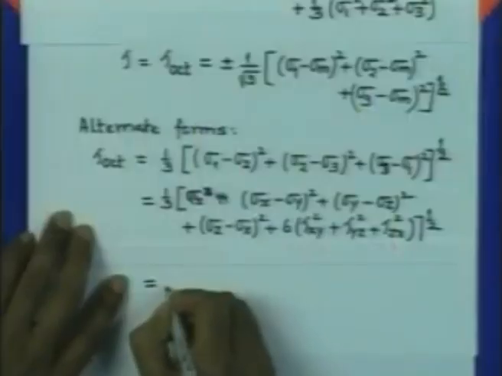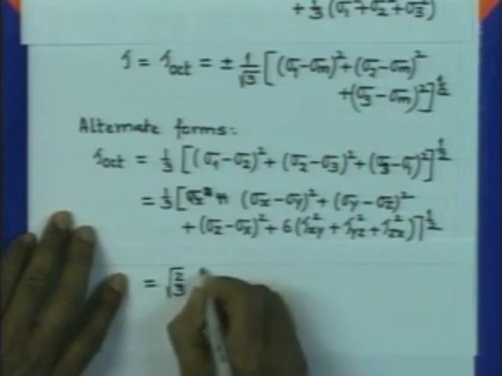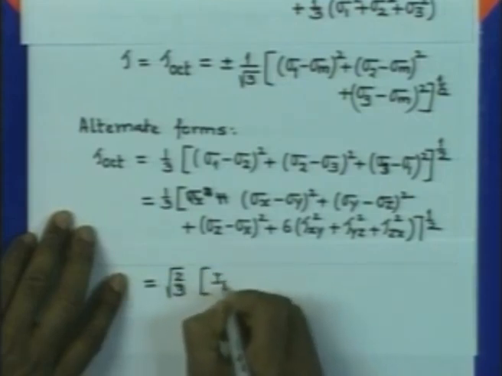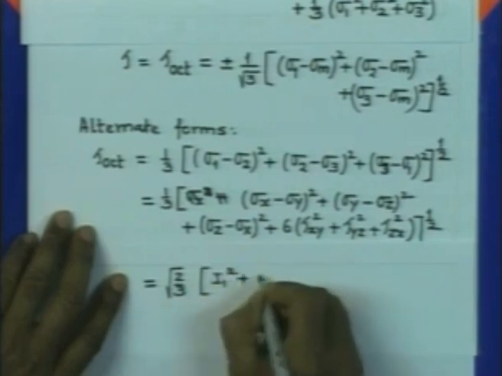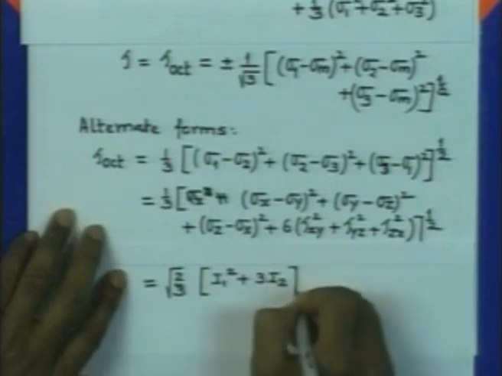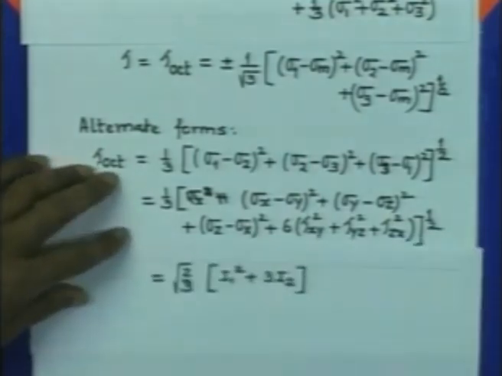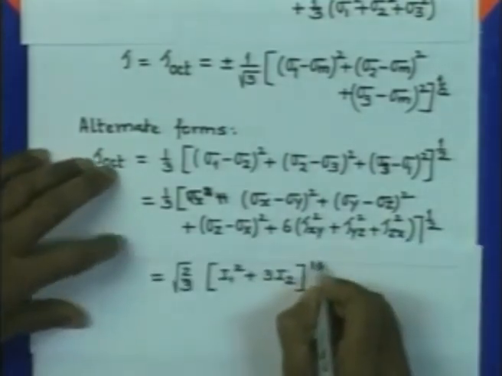It can also be written in terms of the stress invariants. This is also given in this form: root 2 by 3 into I1 square plus 3 I2, raised to the power half.